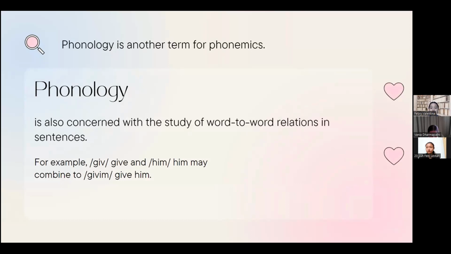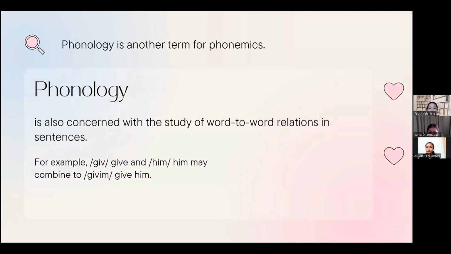Phonology is another term for phonemics, or the establishment and description of the distinctive sound units of language, or phonemes, by means of distinctive features. Each phoneme is considered as consisting of a group of these features and differing in at least one feature from other phonemes.